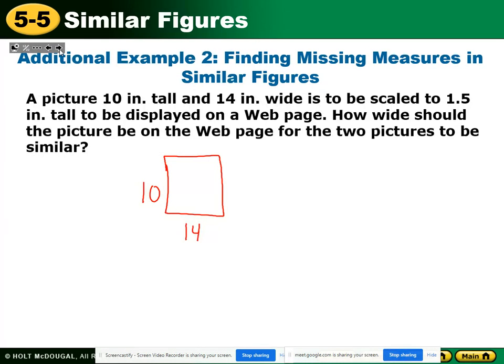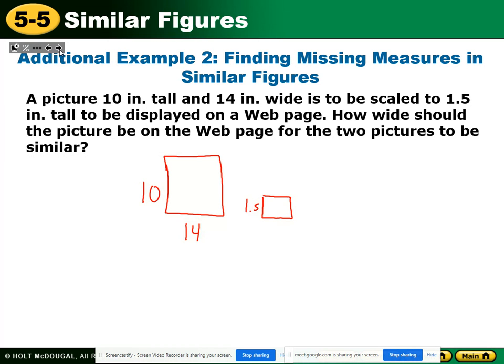It is to be scaled to 1.5 inches tall and displayed on a web page. So they're taking it, you know how you take the corner and you go and you make it smaller? That's what they're doing for the web page. So they're making it smaller. What measure do they give us for the smaller? 1.5 inches tall?